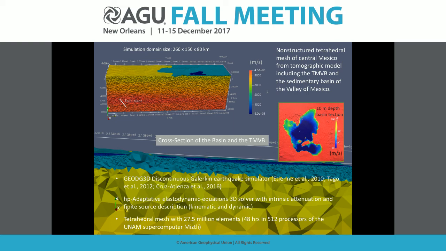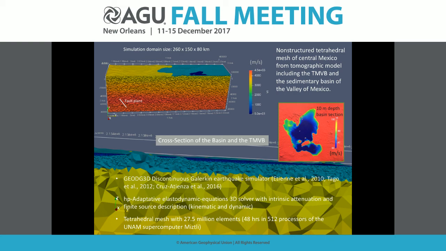In this case, it's constant, but it's good enough for our purposes here. So here's the mesh, more than 27 million elements. We discretize a tomographic model provided by Zach Spica et al.